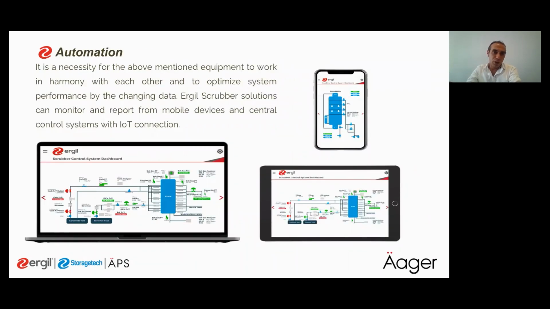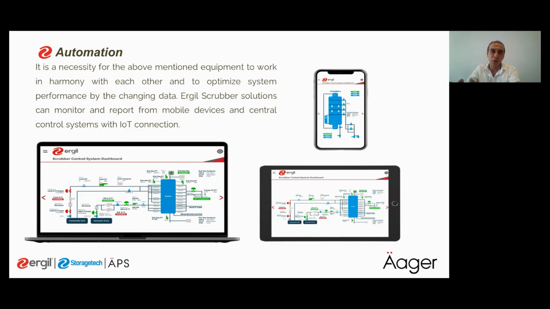Automation, from my side, affects performance, because I talk about the pH, the reaction time, and the flow rate of the solution. These values are strictly controlled by someone or by the computer.